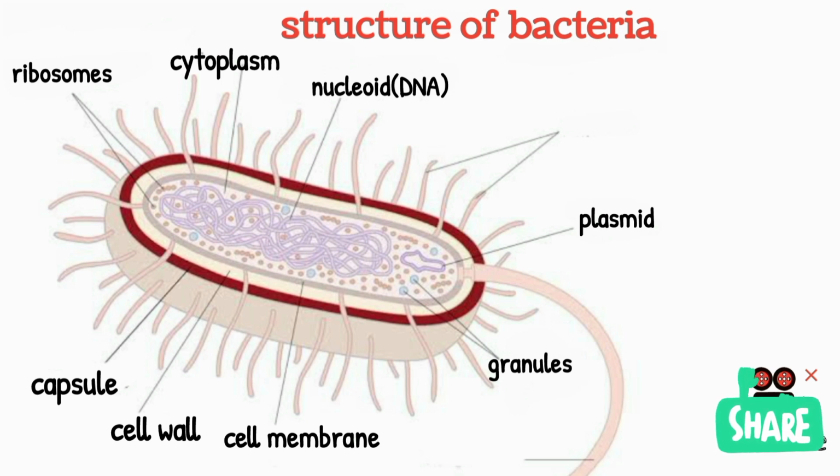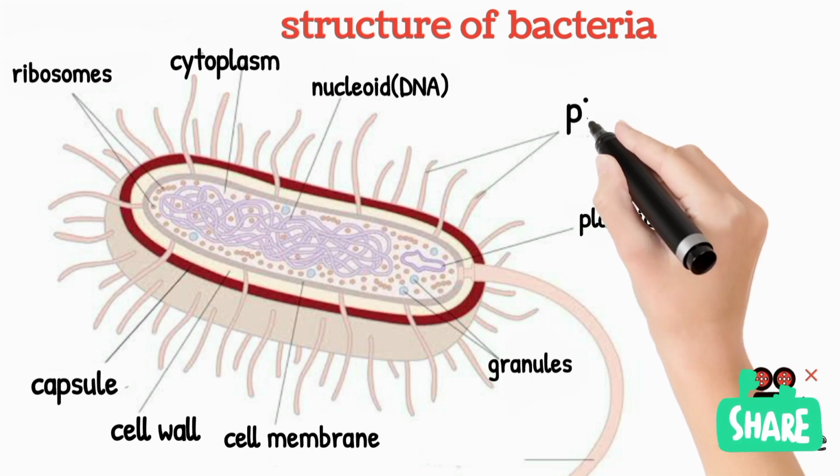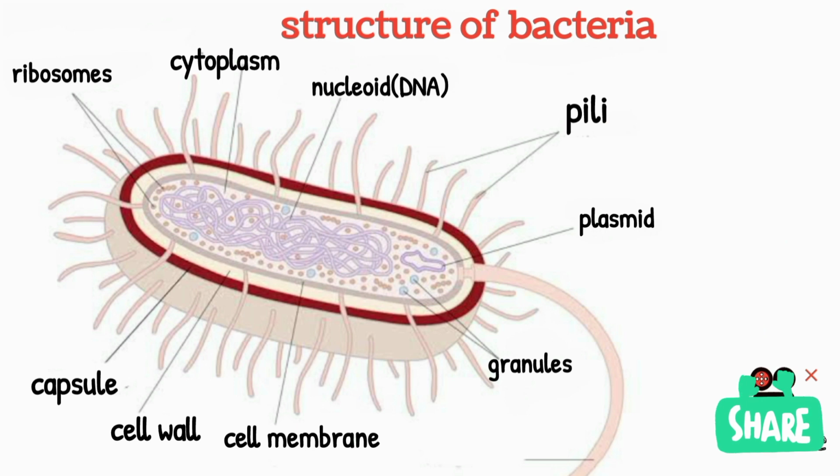And then we have other non-essential components like pili. These pili have a role in motility and attachment of bacteria to the host surfaces, which makes them pathogenic. And flagella, which has a primary role in motility, is a non-essential component. Both pili and flagella are non-essential components. So as a whole, the essential components of bacteria comprise the cell wall.